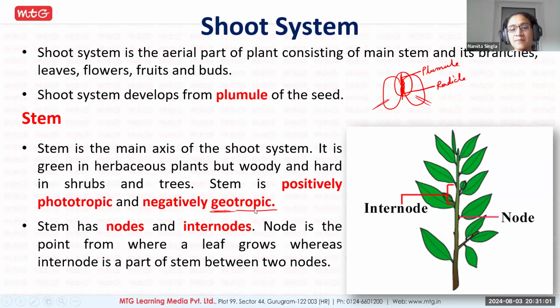So we say that the stem or the entire shoot system is negatively geotropic because it goes away from the earth towards the sunlight. It's only one example here. We talk about root and shoots with respect to this. So the shoot, the stem, is the example which shows negative geotropism. And root is the example that shows positive geotropism.